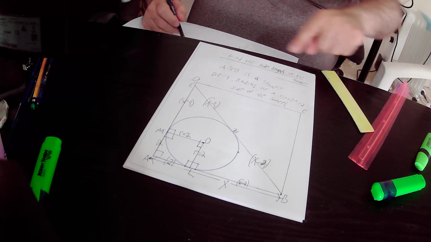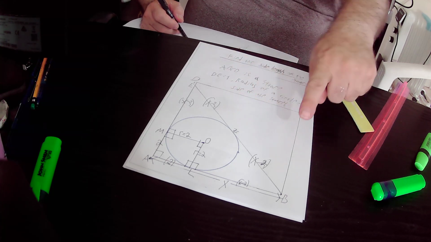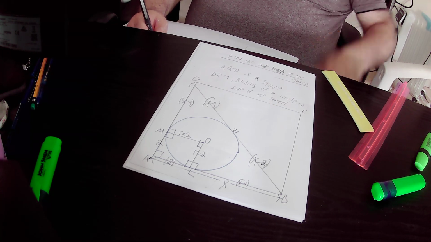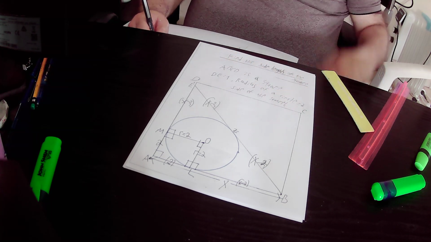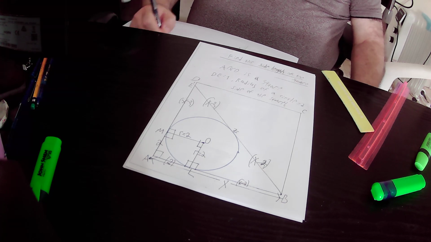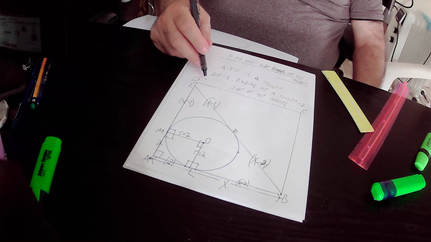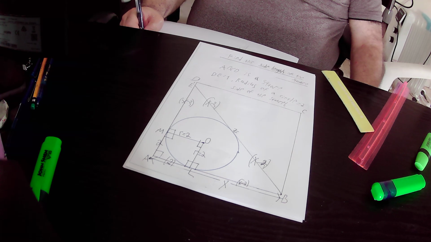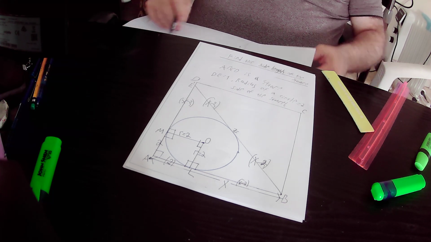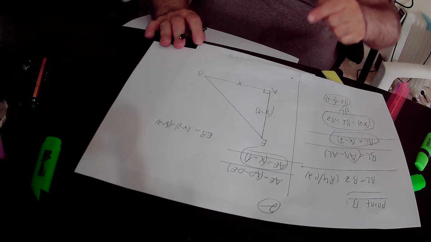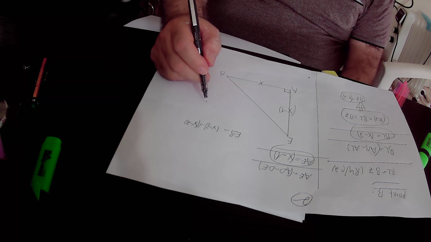What is the length of the hypotenuse EB? From the drawing, it is very easy to see that the length of the hypotenuse EB of triangle AEB is equal to x minus 3 plus x minus 2.